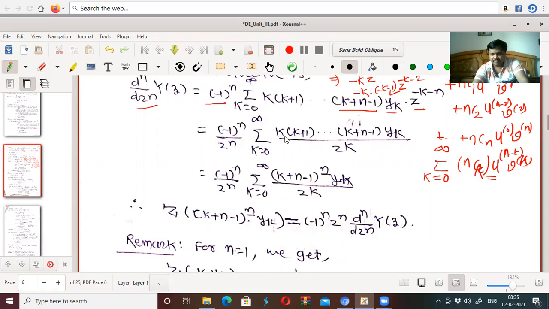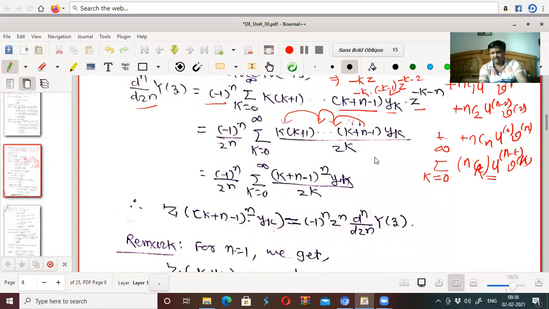What about this? You are taking the product from k plus n minus 1, into a term less than 1, into a term less than 1, up to k. So how many times are you taking the product? You start with n minus 1 and go down to 0, so n times.